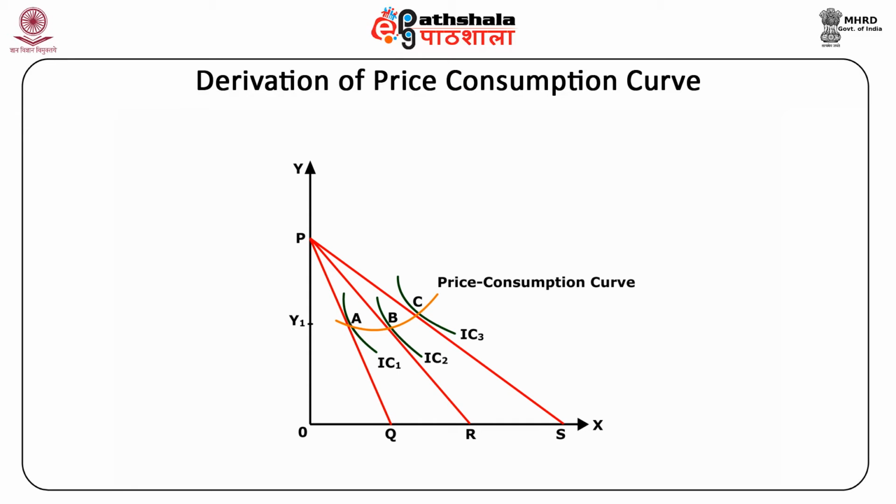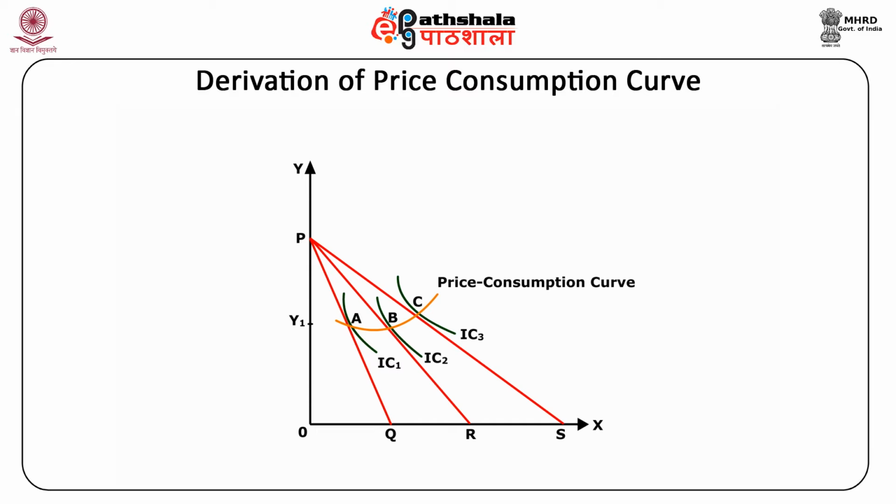At A, the consumer purchases OX1 of commodity X and OY1 of commodity Y. Now, suppose the price of good X falls, ceteris paribus, that is, income and price of the other commodity remaining constant. As a result, the budget line swivels from PQ to PR. The consumer moves to a new equilibrium B on a higher indifference curve IC2, ceteris paribus.